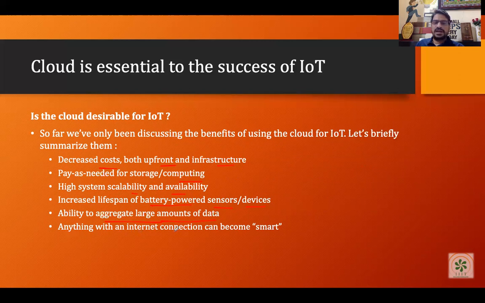Anything with an internet connection can become smart. Let's say we talk about a smart AC. You have seen many advertisements related to that. I have purchased the AC, and now I would have to purchase an edge computing device also to process it. Is that a smart thing?